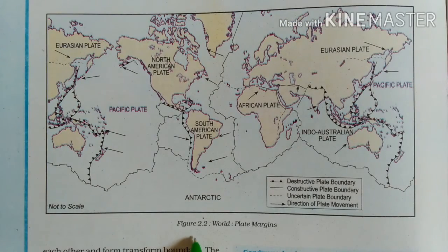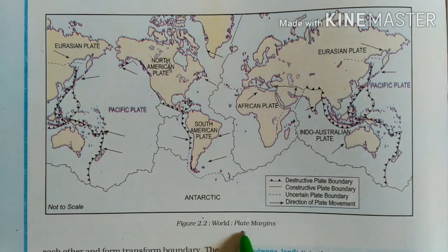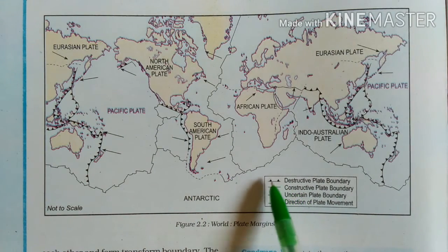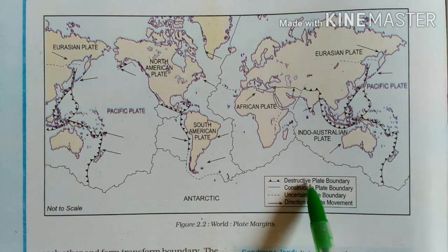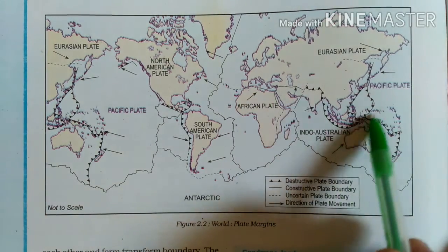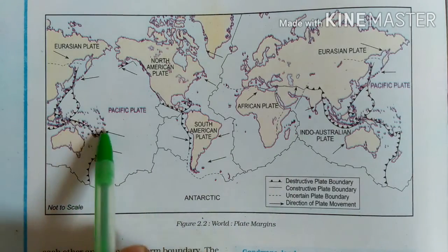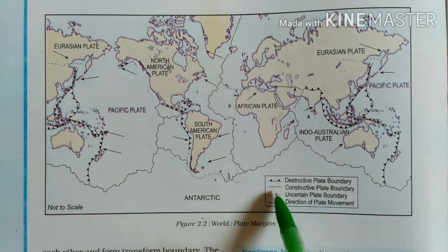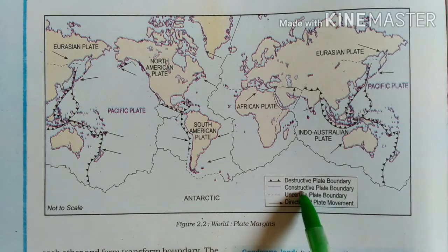On this page, figure 2.2 is there, where the plate margins are shown. In the index, they have shown this sign as a destructive plate boundary, which we can see in between two continents. Now this sign is a constructive plate boundary.